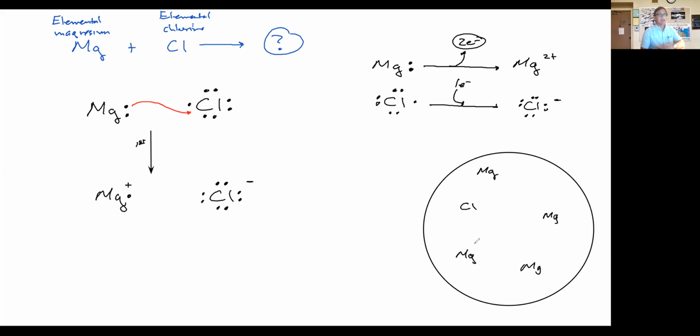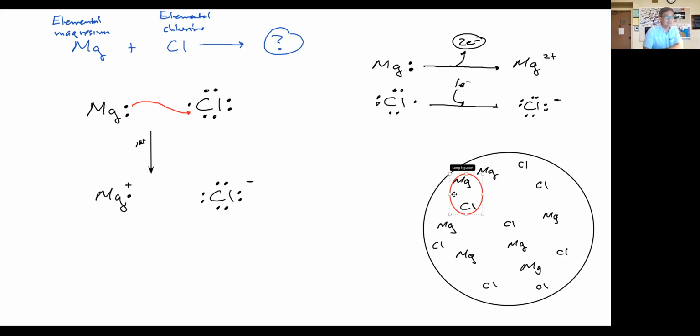If we were to take a big microscope and look at this reaction, we'd see a bunch of magnesiums and a bunch of chlorines floating around all over the place. We learned about this in the chapter on the mole, but this is what's happening. What we're focusing on right here is just the interaction of these two atoms.